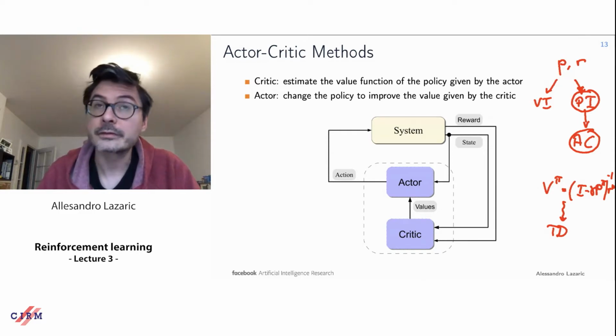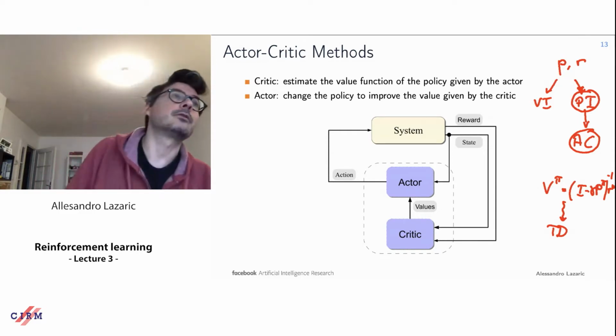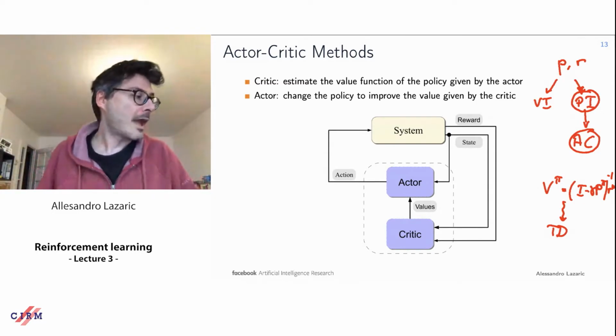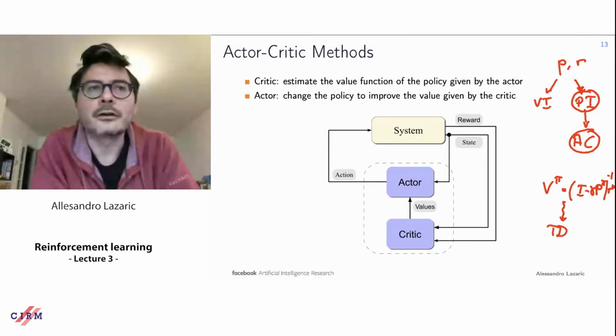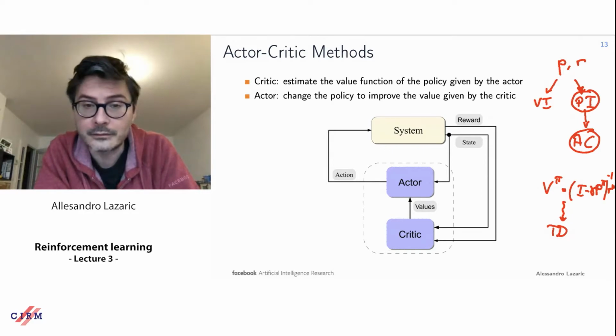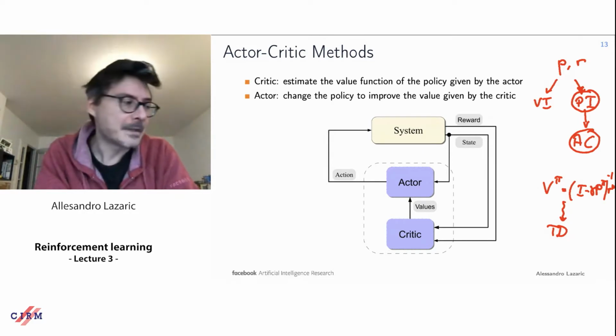When they were first proposed as methods for learning either value functions or policies, they actually had very strong psychology and neuroscience backing.